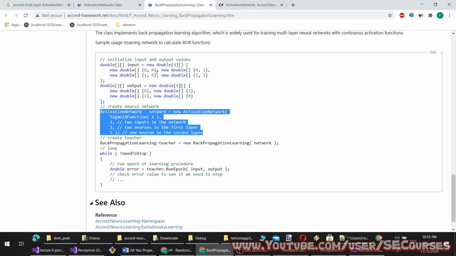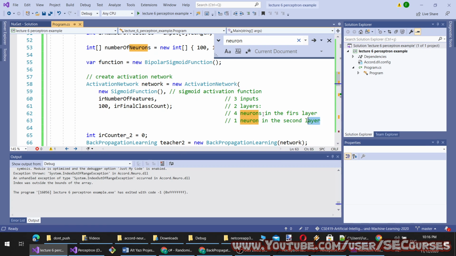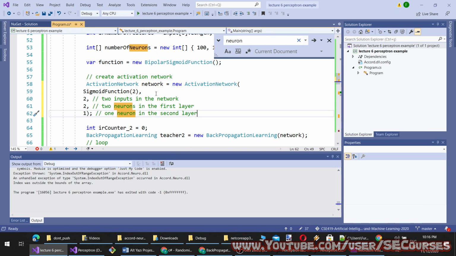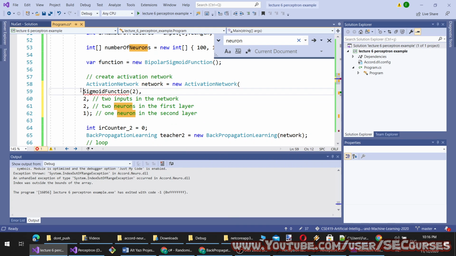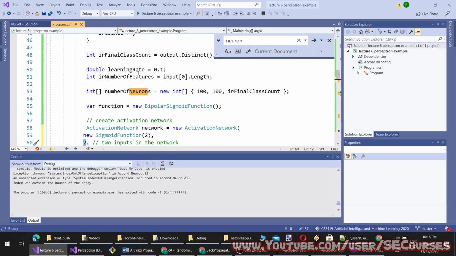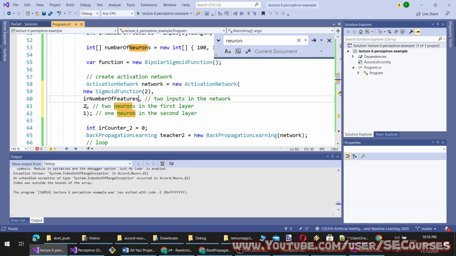Okay, two inputs, yes, two neurons, yes, and one neuron in the second layer. Okay, I'm going to change this into, what is this? Okay, it takes alpha. Number of features here.